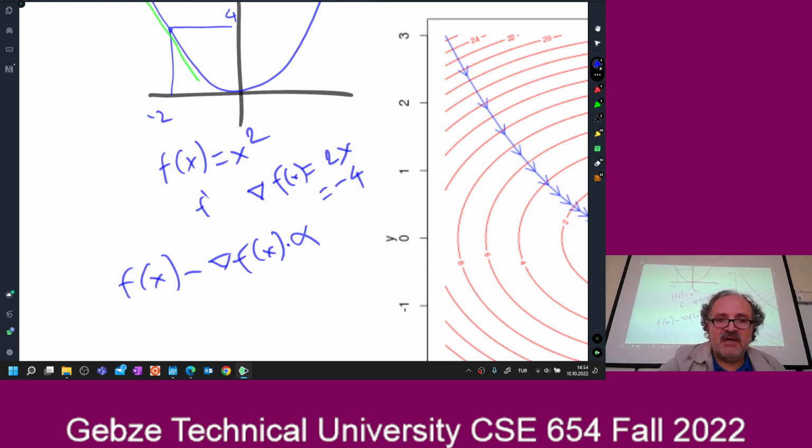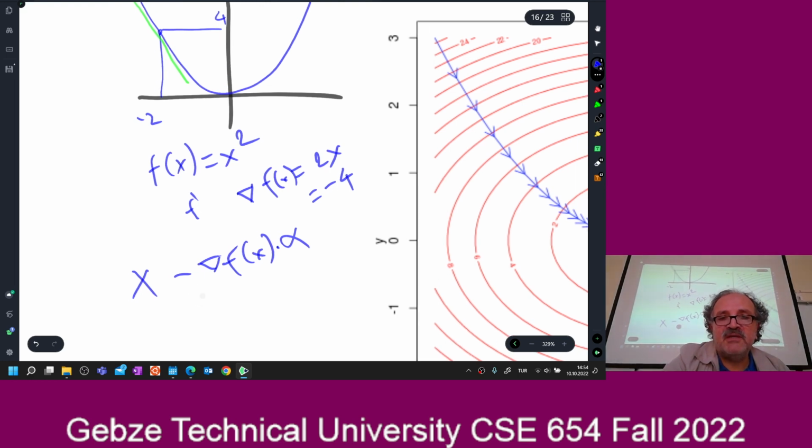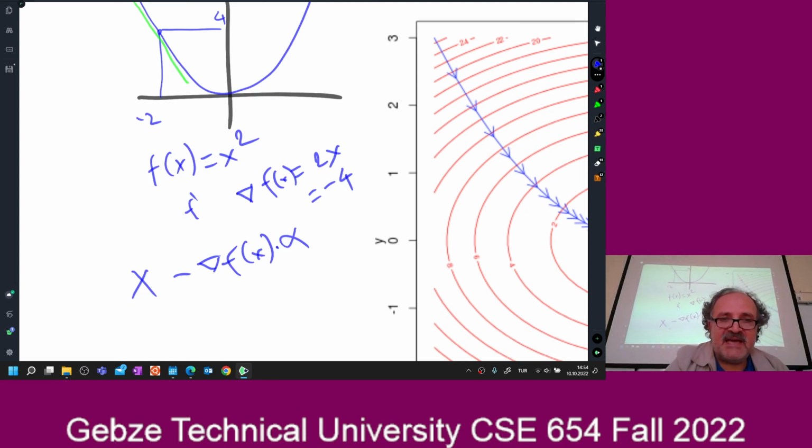If I multiply with 0.2, what am I going to do? Sorry, this is not f of x, it is x. I am going to take this x and move it in this direction. Minus 2 minus minus 4 times 0.2 is going to be, I don't know what it is. I think it's going to be what?